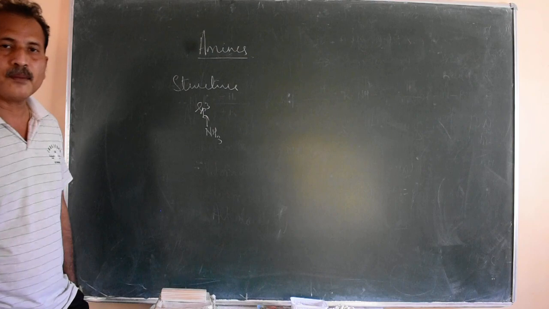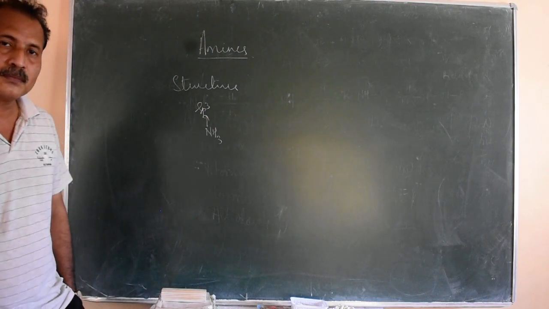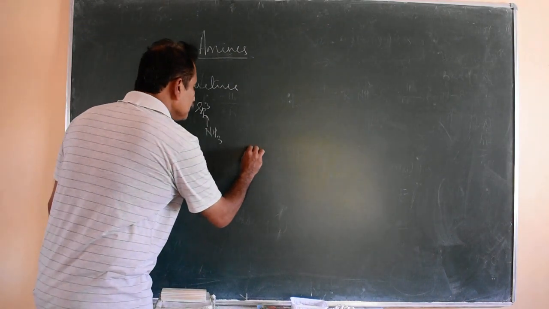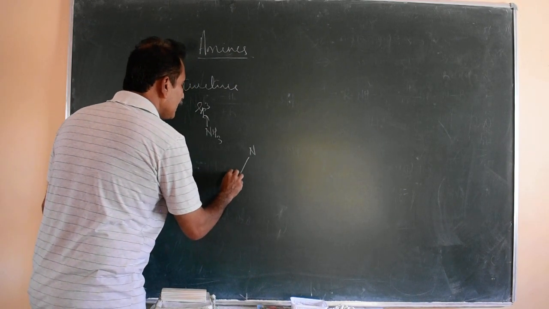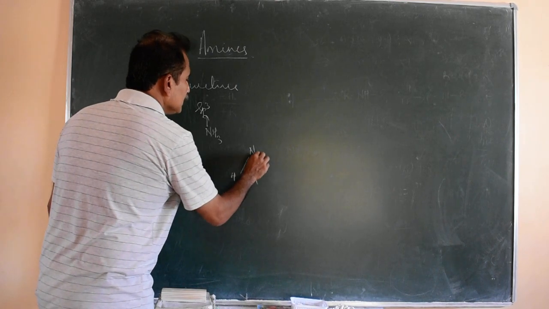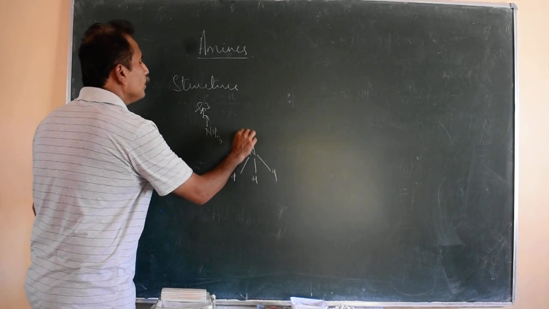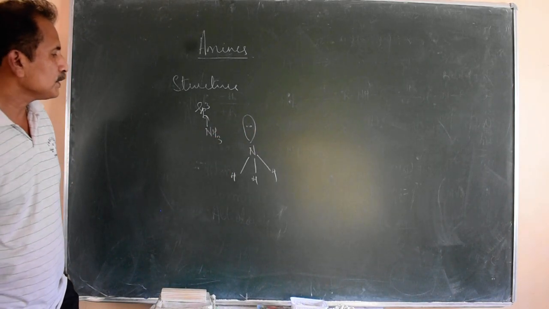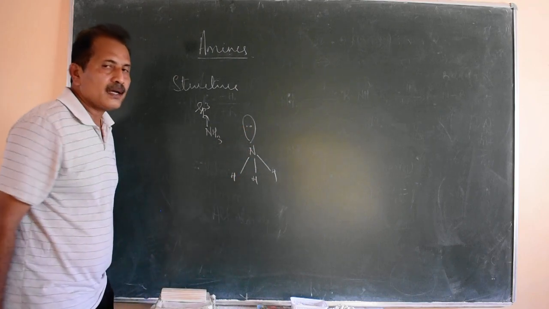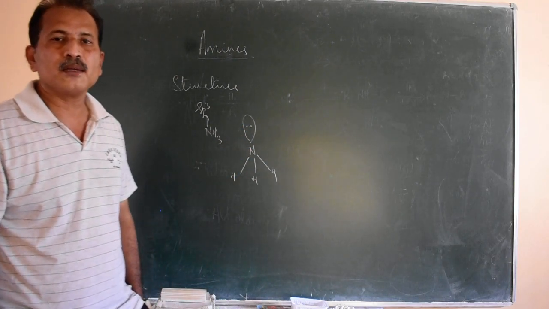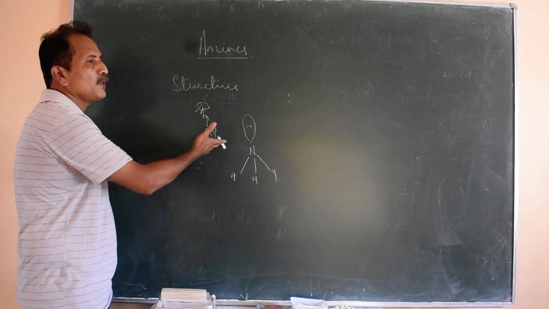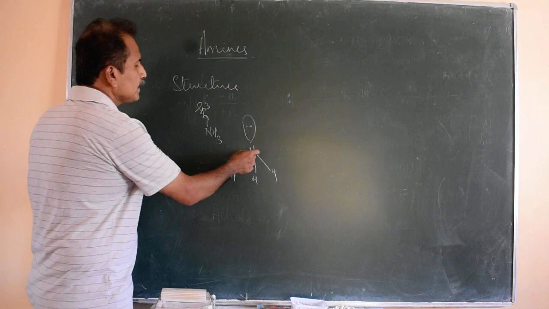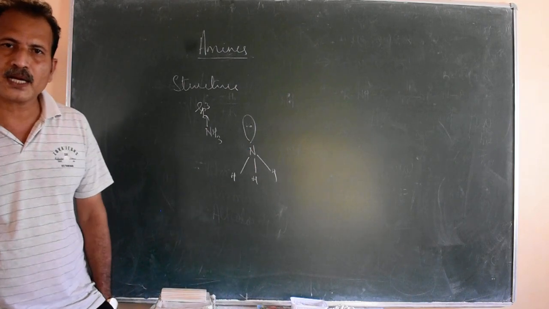So these three hybrid orbitals overlap with the 1s orbitals of hydrogen to form 3 bonds. So you get dash H, dash H, dash H, and there is a lone pair of electrons on the nitrogen atom, and the bond angle will change. It is not a standard angle because of the presence of lone pair, so there will be lone pair, bond pair repulsion, right? But here also it is trivalent in nature. In ammonia, nitrogen atom is trivalent.